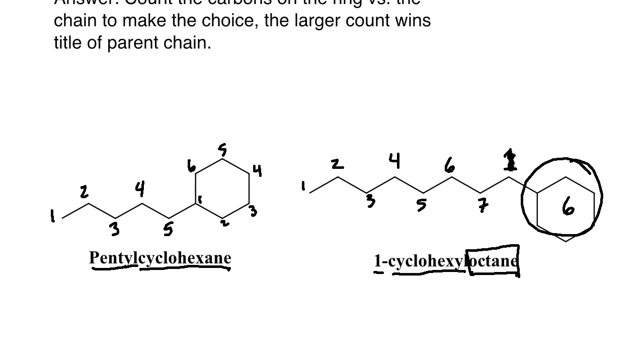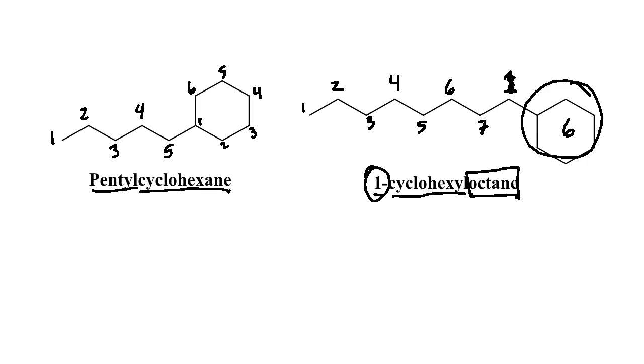And because this is an open chain, it's 1 cyclohexyl, because I need to identify where it is. It could be 2 or 3 or 4 cyclohexyl when we're dealing with an octane chain. I need to tell the user where I want that cyclohexyl, right? Because if it was 2, I could create an octane again, 1, 2, 3, 4, 5, 6, 7, 8, and then I could come 1, 2, let's say 3 in, and I could go ahead and put the cyclohexyl there.